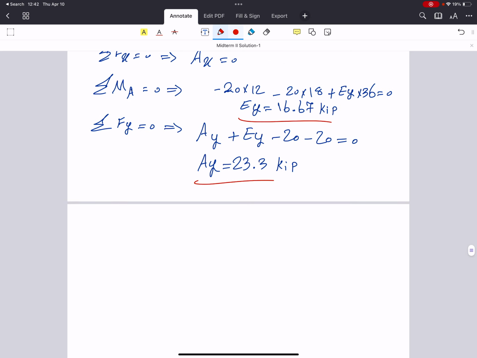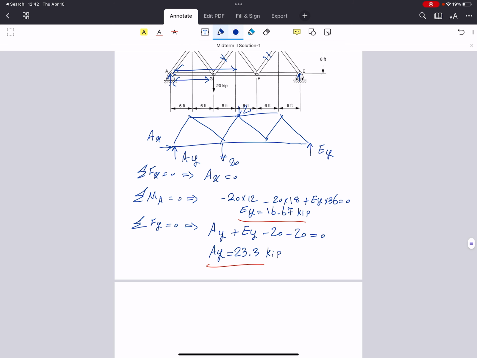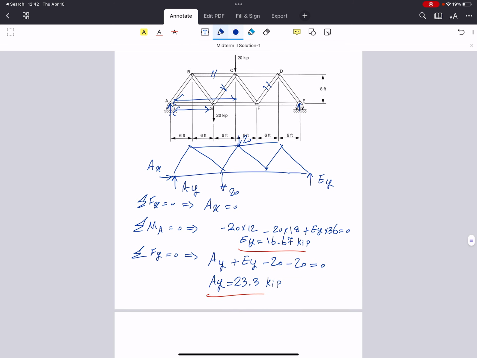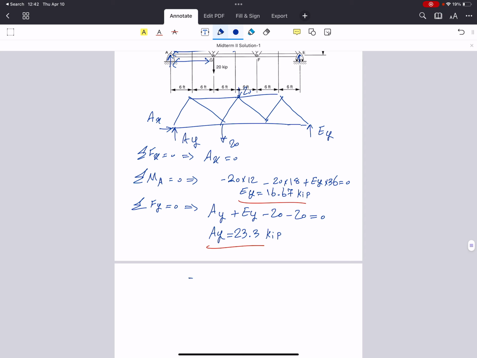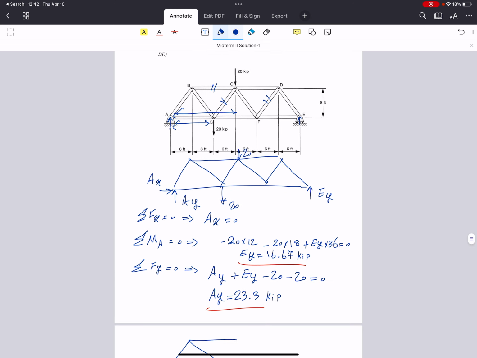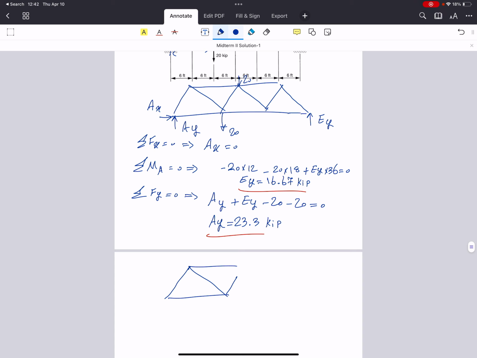So the first cut, I'm going to use this one.